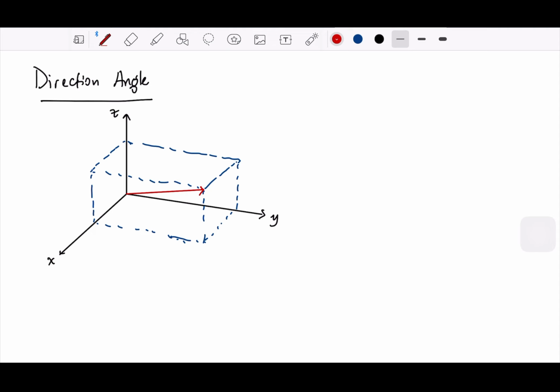Let's say this is our vector, vector A. Now, what does direction angle mean? Every axis will have an angle to the vector A. For example, the x-axis can have an angle here.